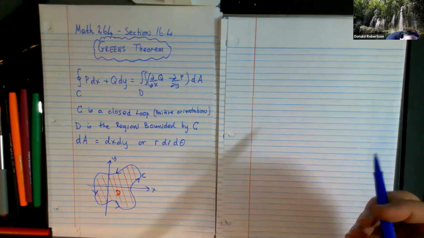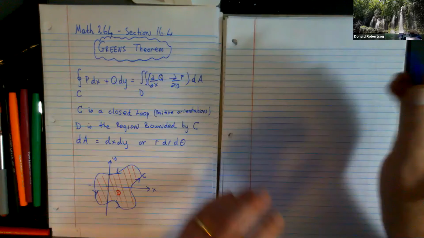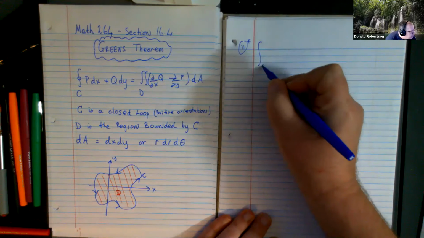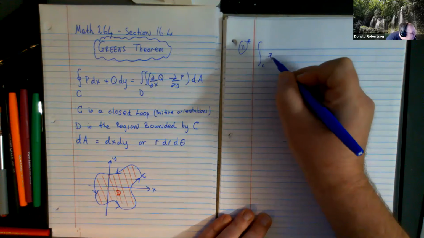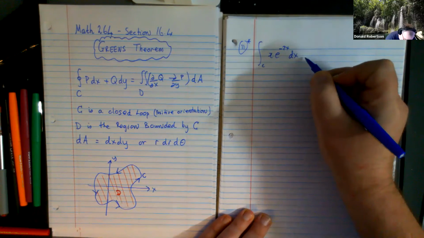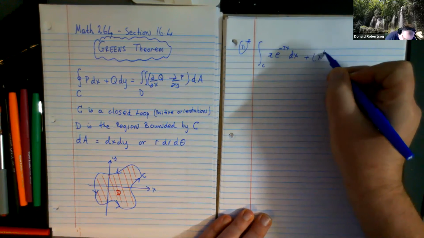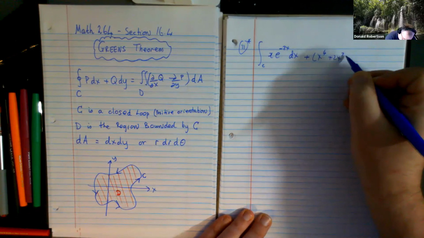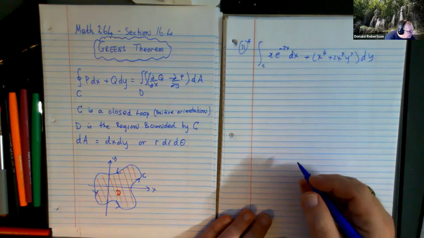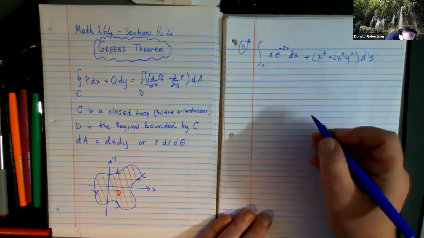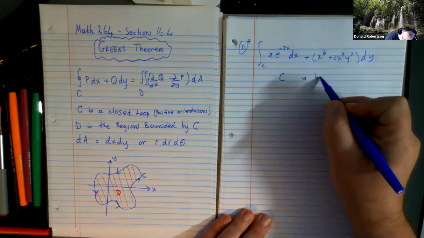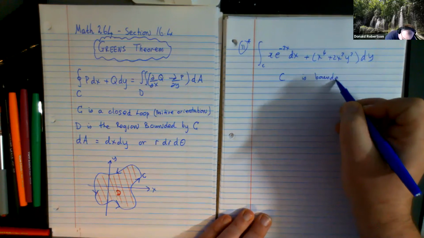Now, this one here is the last circle one that I want to do. And it's a closed loop that looks something like this. And C is phrased in a way that doesn't make sense to me, but I do know what they mean.